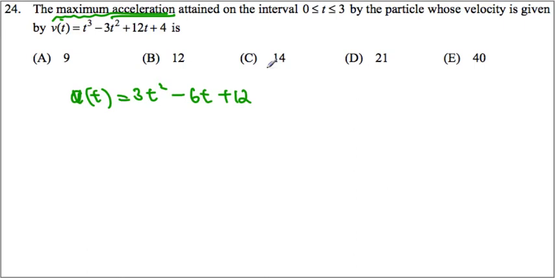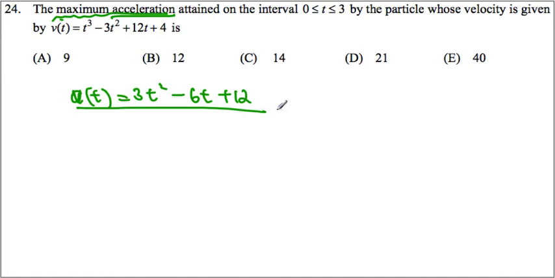Now, one thing we get to realize is that this is a quadratic, as you can see. How can you find the maximum of this? You not only have to look at where the derivative is equal to 0, but also the 2 endpoints.